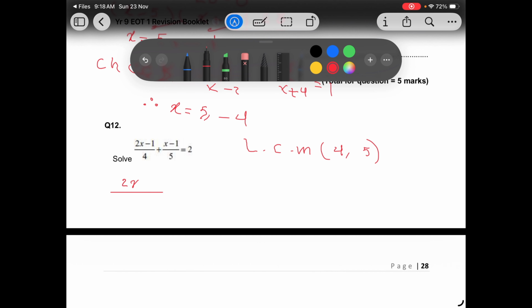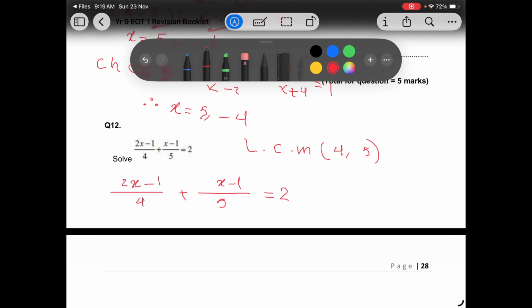So this is (2x minus 1) over 4 plus (x minus 1) over 5 equals 2. And one thing I can do here, I can multiply by the least common multiple of 4 and 5, and this will help me to eliminate all fractions.